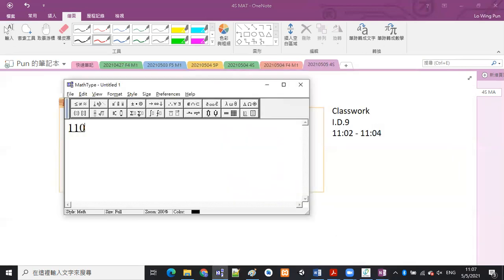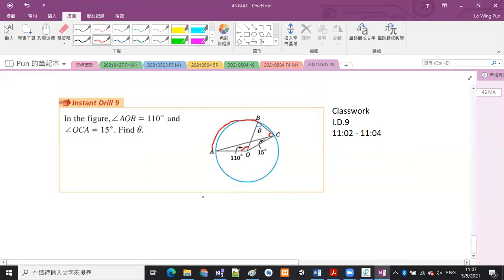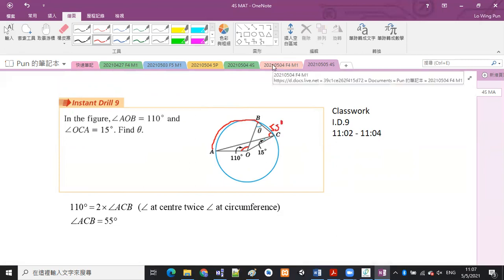So we have 110 degrees is equal to 2 times angle ACB. This is angle at center twice angle at circumference. Okay, which means that angle ACB should be 110 divided by 2, which is 55 degrees. Okay, so we have found that this angle is 55 degrees. And now we have sufficient information.